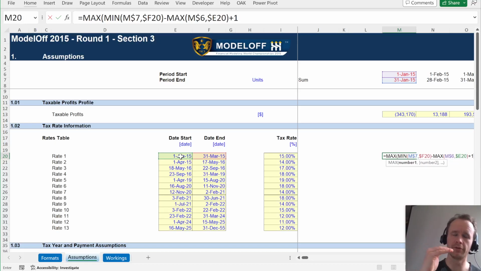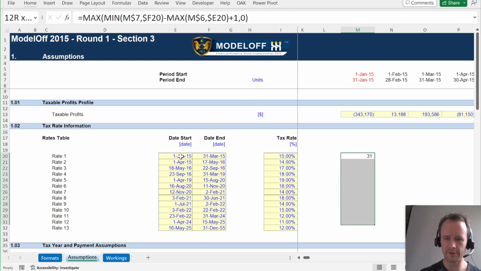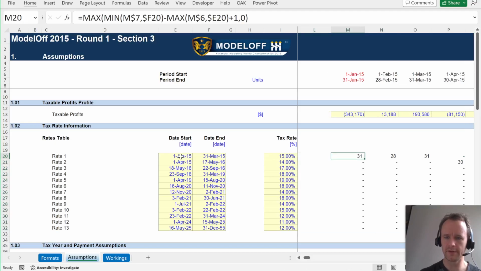So in other words, if you go from day 1 to day 10, that's 10 days inclusive. So 10 minus 1 will give you 9. You need the plus 1 to offset it. Max of that and 0 is a useful formula to have in your quiver for this kind of situation.